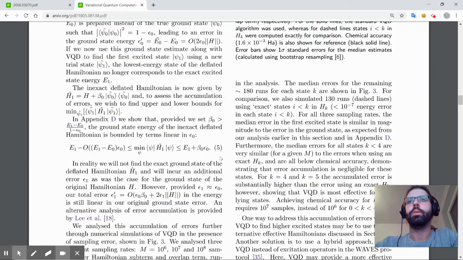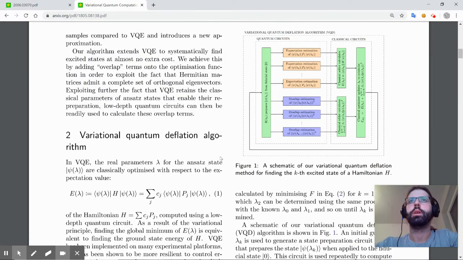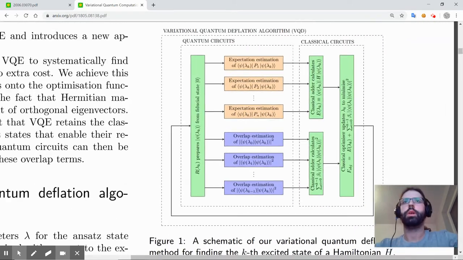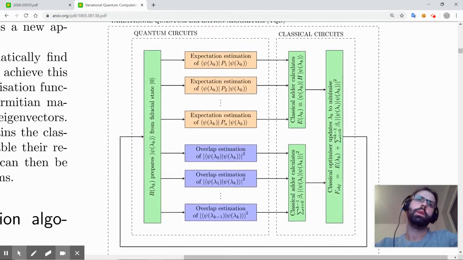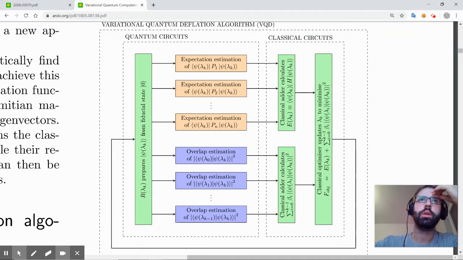Try to understand the diagram first, maybe. Let's go all the way up. So, what have we got in here? So R prepares these from fiducial state 0.